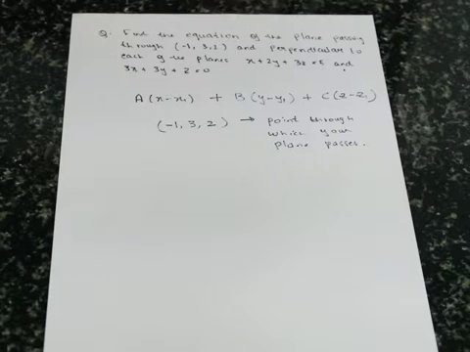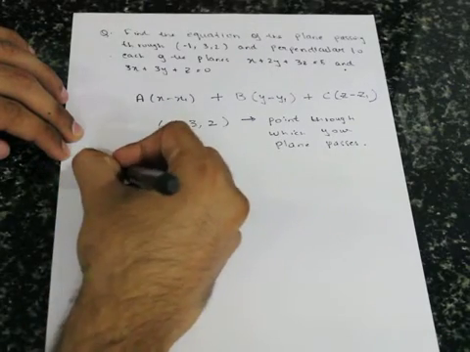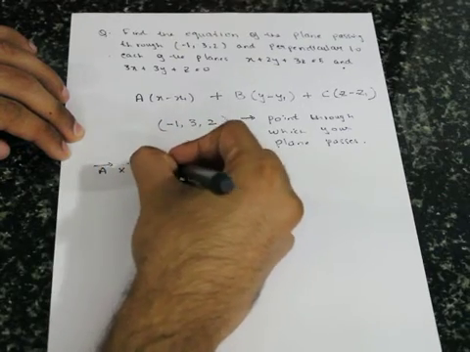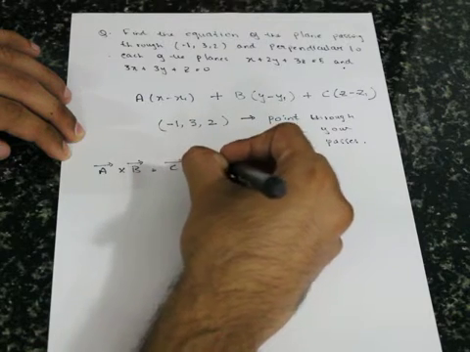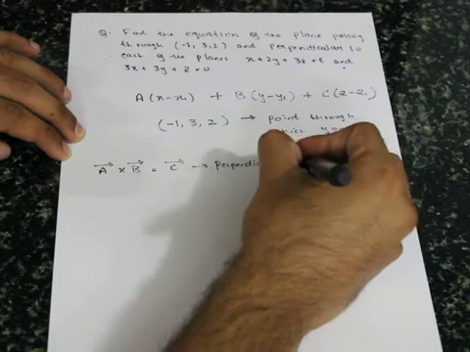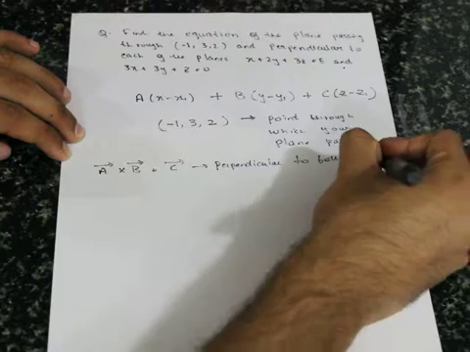So basically the cross product of two vectors gives you a vector perpendicular to both the vectors. So if I had a vector a and I crossed it with another vector b, I would get a vector c, and this c is perpendicular to both a and b.